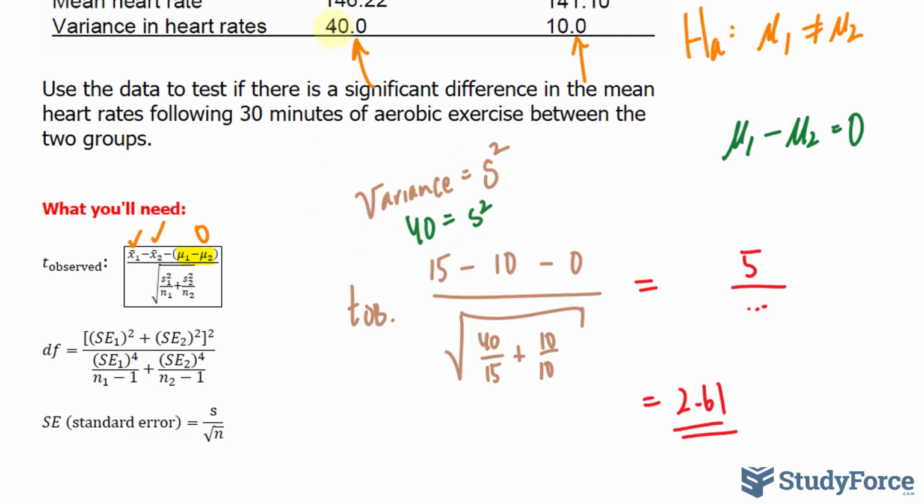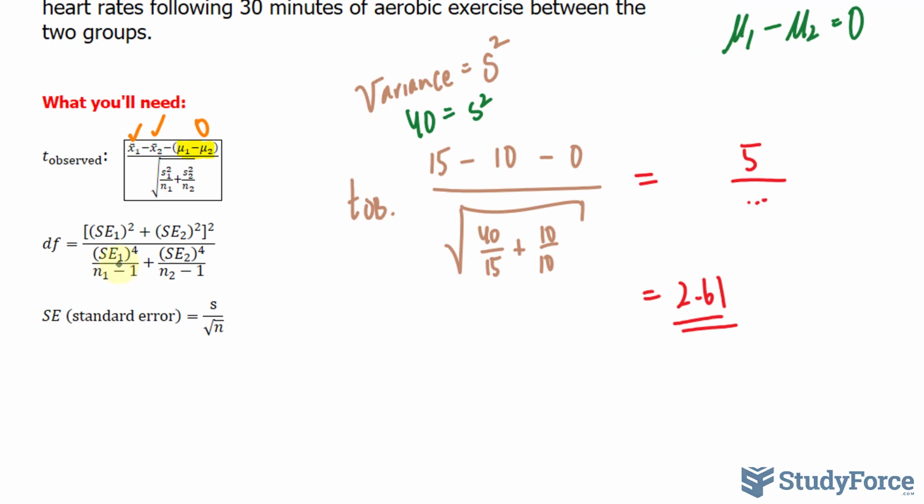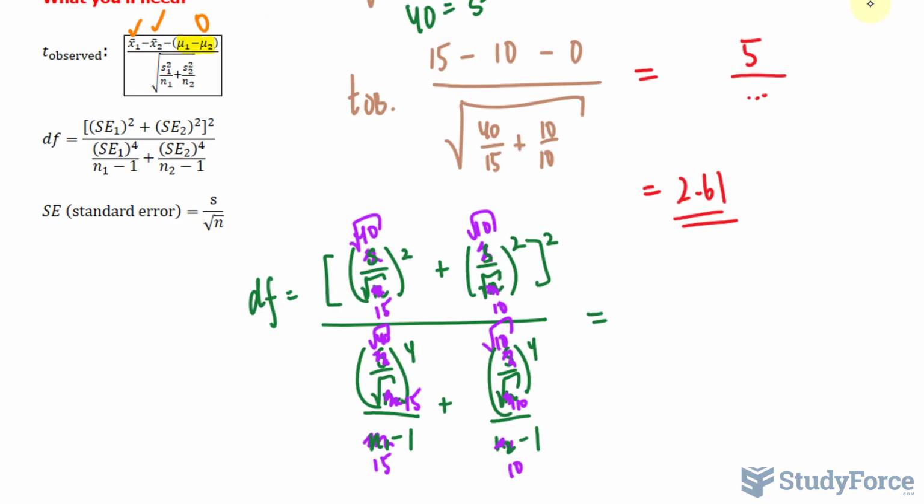We square root these numbers and place them everywhere we see an S. As you can tell, it's going to be a little messy figuring df, so let me just dedicate some room here. Rather than wasting your time putting this all into our calculator, I'm assuming you already know how to do that. You should end up with a df equal to 21.7, which is 21. You always want to round down for the degrees of freedom.